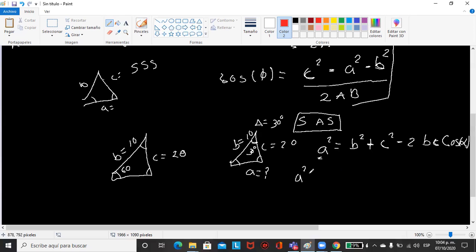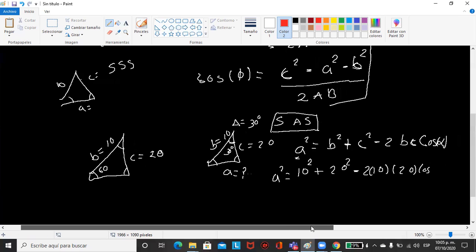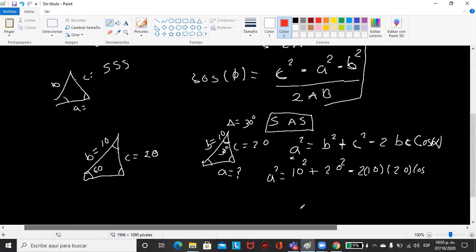So we have A squared is equal to B squared. B is 10, plus C squared, C is 20, minus 2 times BC, the cosine of alpha.